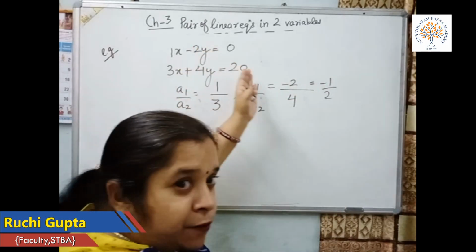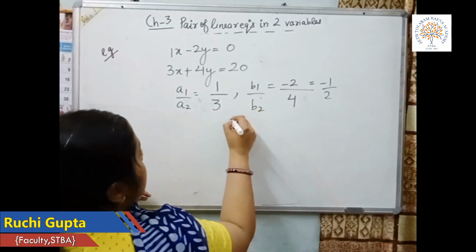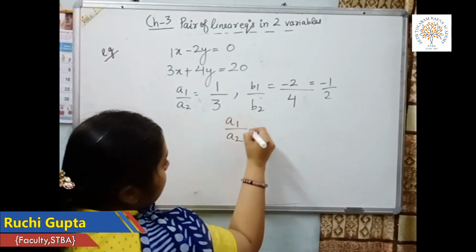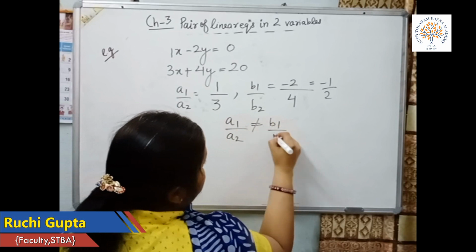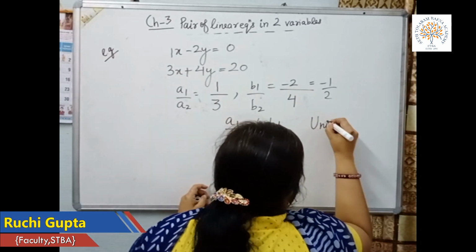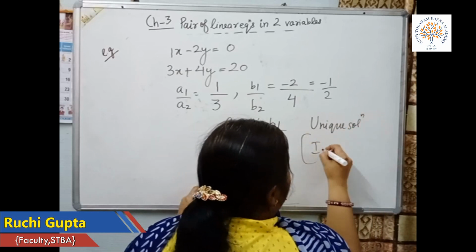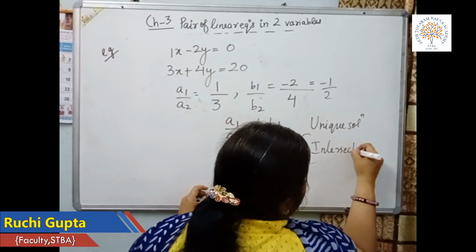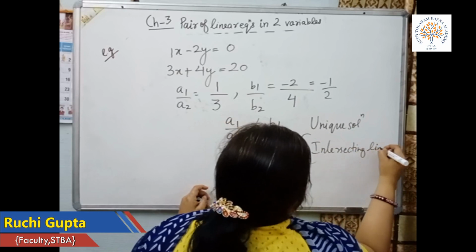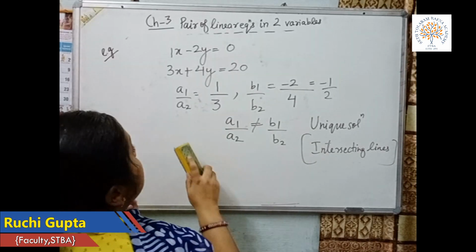So there is no need to find c1 upon c2, because in this question a1 upon a2 is not equal to b1 upon b2. So it is the first condition. It is a unique solution. So which type of graph will form? Intersecting lines. Okay. So now I am making the graph of this question.